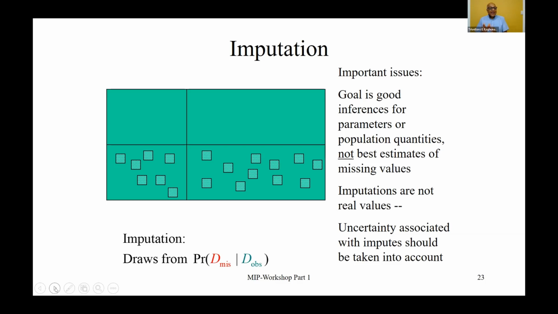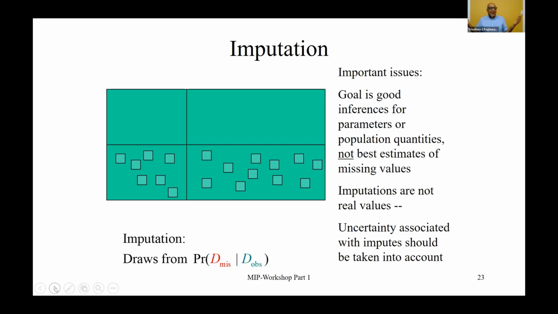So then I realized what they were thinking: that by doing imputation, I would do some sort of magic and they would actually get the true value of that variable.